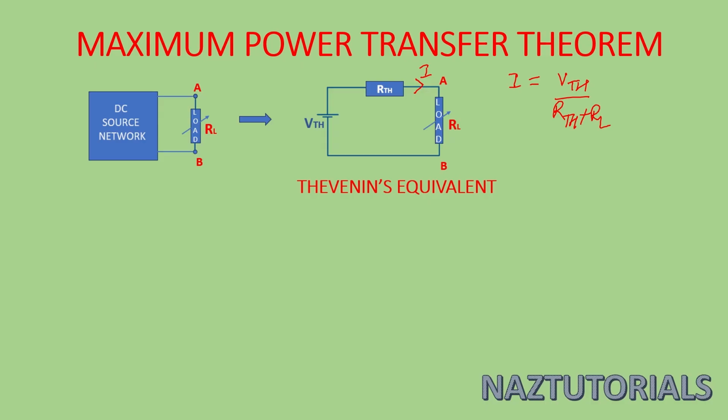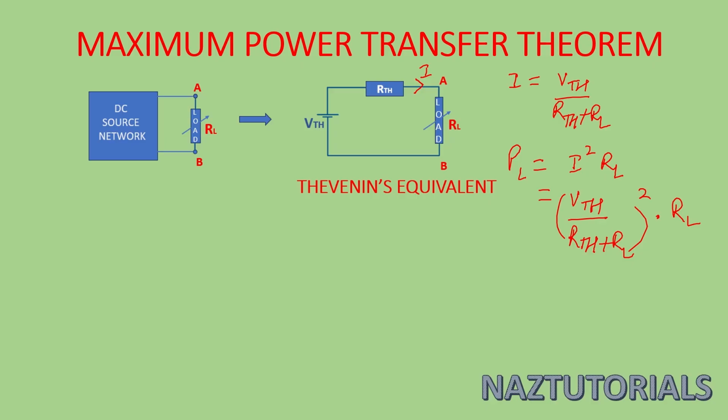Now if you want to calculate our load power, that is PL, it can be calculated by I square into RL. This I is VTh divided by RTh plus RL, whole square, into RL. Now here we calculate the condition for the maximum power transfer to the load by source voltage VTh.